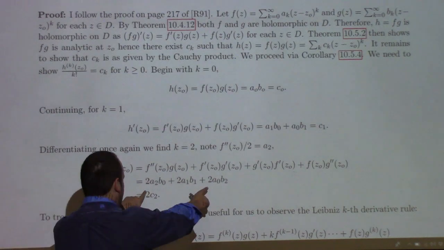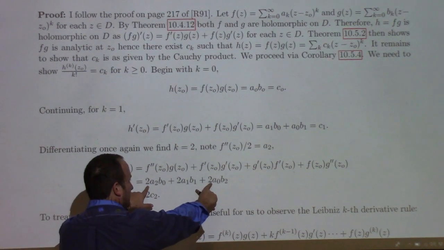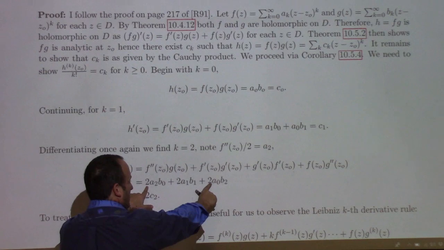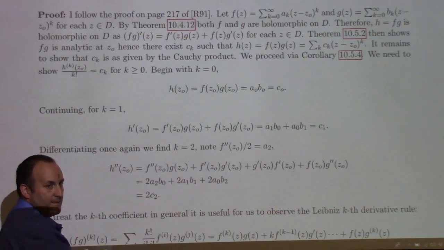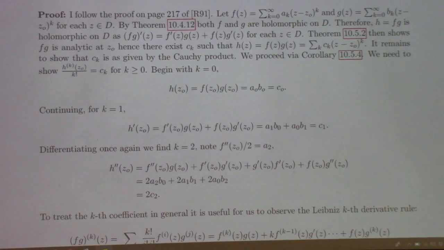I think these twos are bogus. These twos do not belong. You differentiate twice, and you have a 2 in the denominator. Yeah, but, oh, what's that? That double prime is 2 times the coefficient. Okay, then I must need... it feels wrong to me for some reason.